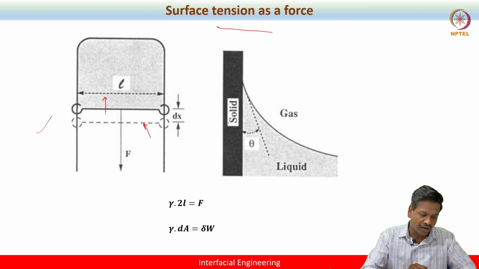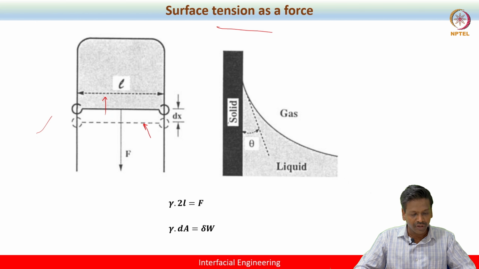Because this dotted line was initially placed at x equal to 0, and this movement we denote as delta x, we can clearly say that some work is being done in this case. So how can we define gamma as a force in this case?